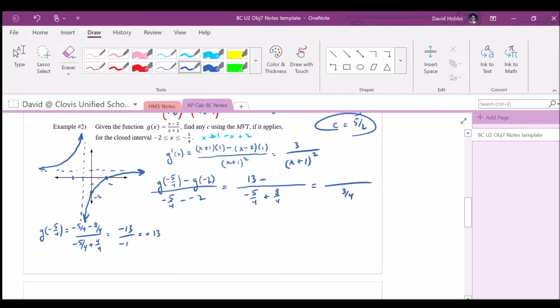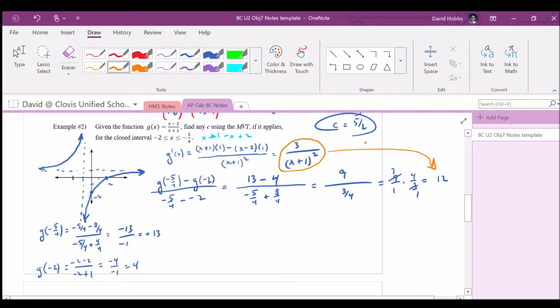Minus g of -2, which is -2 minus 2 over -2 plus 1, which is -4 over -1, which is 4. Okay, 13 minus 4 is 9, and 9 over 3/4 is 12.